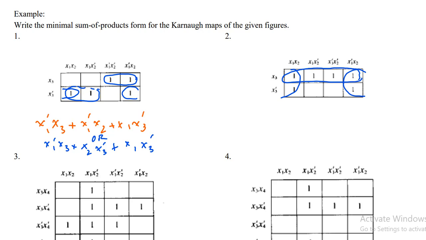What's left is just x3. And if I look at this group of 4 here on the sides, you look up, I see that x1 varies, so we'll cancel. And horizontally, x3 also varies, so we will cancel. So what we are left with is x2. So the whole thing gets simplified to x3 plus x2, or you could say x2 plus x3.